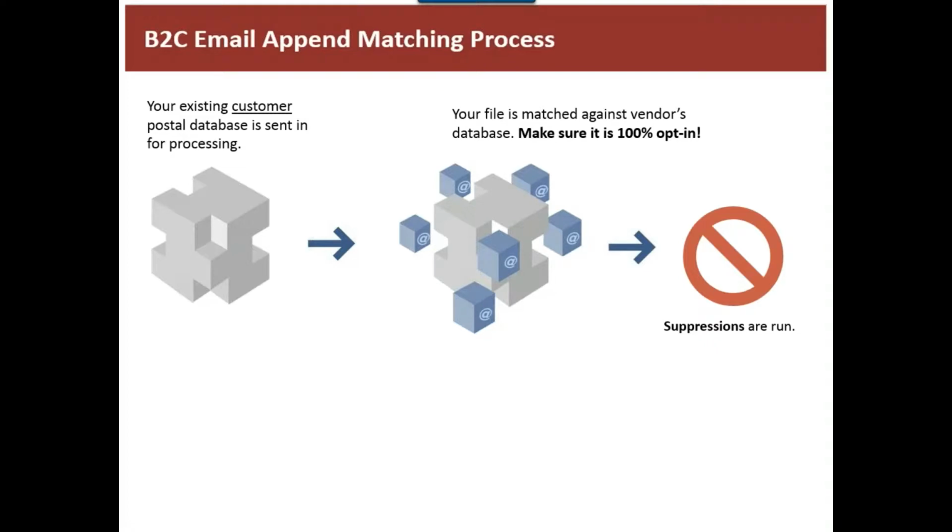Up next, a really important one to us here at FreshAddress: suppressions are run. Those email addresses that are getting matched, those aren't valuable yet. You don't know what those are. Those could be more damaging than good to your email database. So you want to find a vendor who has a suppression system built in, someone that specializes in clean emails, so that you can get rid of any malicious emails, any frequent complainers, typos, formatting errors, spam traps, bogus addresses, role accounts, and more.